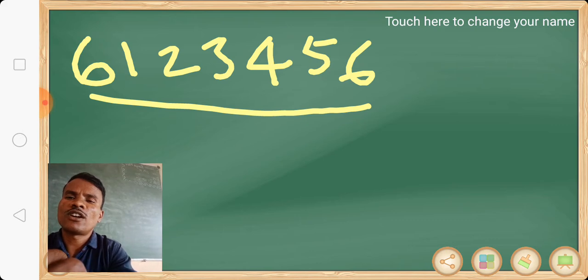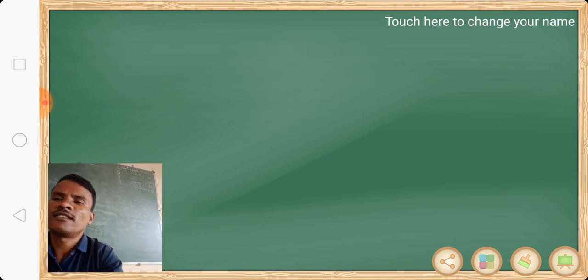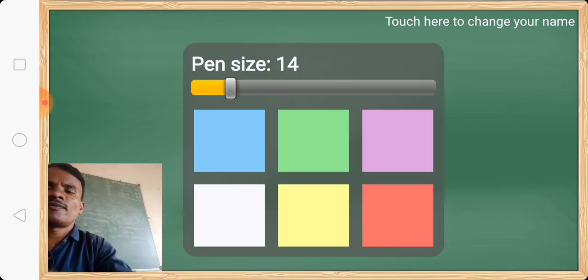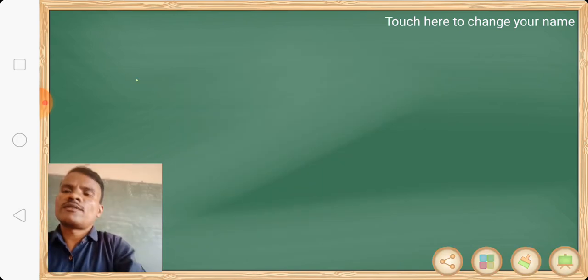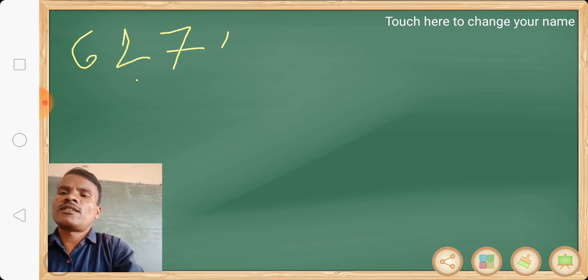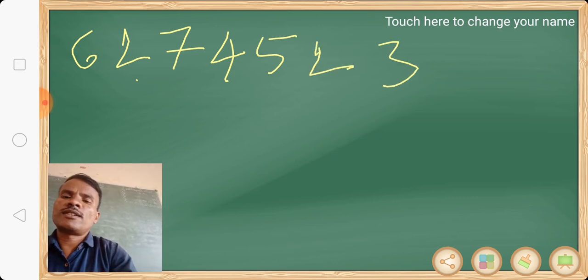For that, we have to put a comma first after 3 digits: 1, 2, 3. Once again, I write the number like this: 6, 2, 7, 4, 5, 2, 3. These are the numbers.